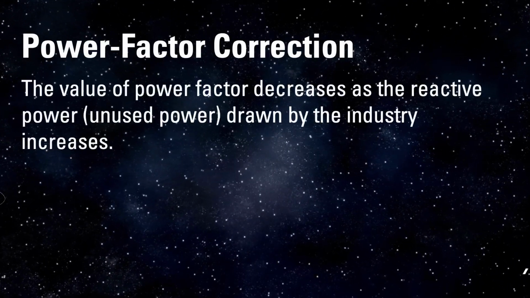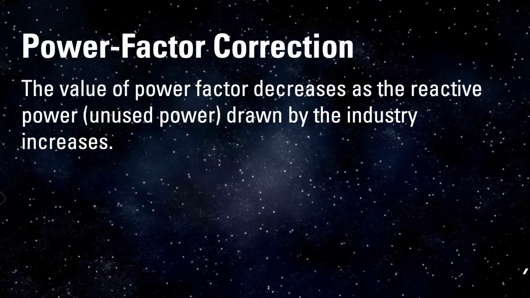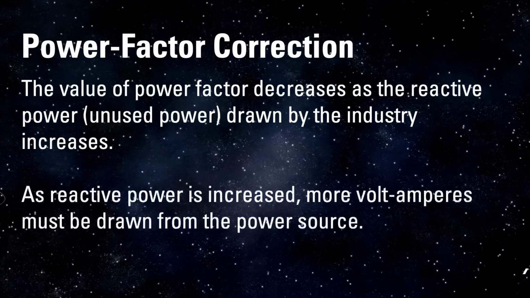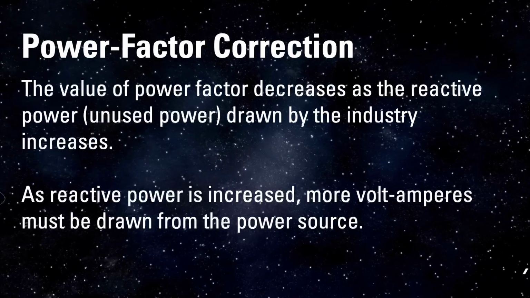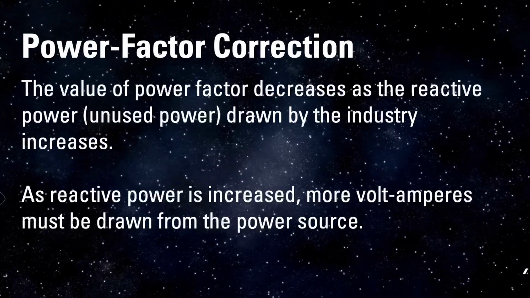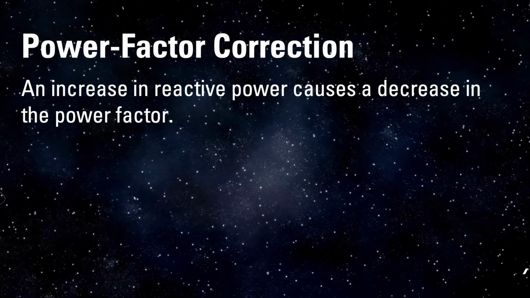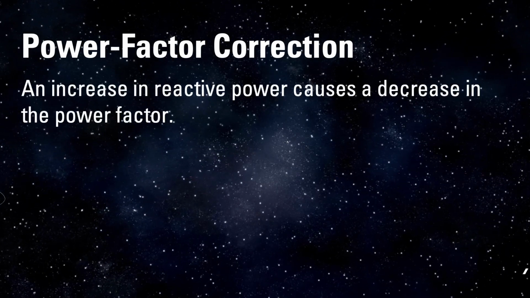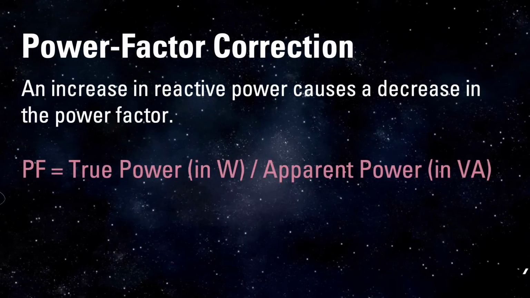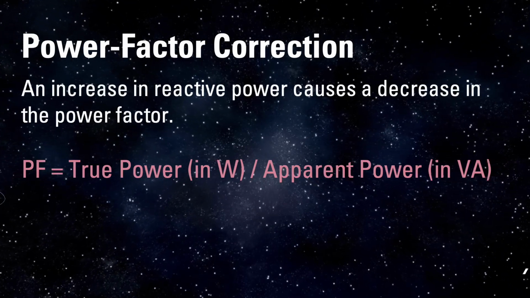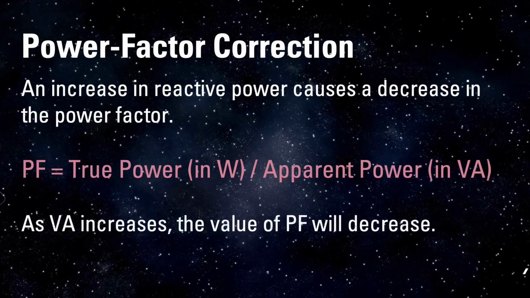The value of power factor decreases as the reactive power, or unused power, drawn by the industry increases. As reactive power is increased, more volt amperes must be drawn from the power source. An increase in reactive power causes a decrease in the power factor. Power factor, or PF, is equal to true power in watts divided by apparent power in volt amperes.